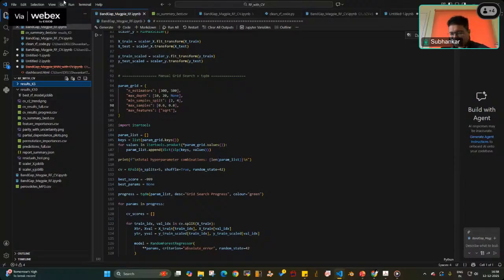The other thing was the minimum sample split. Can it help? Because even if there are two samples, it splits the node. Minimum sample split is basically the one that decides the depth of the tree.